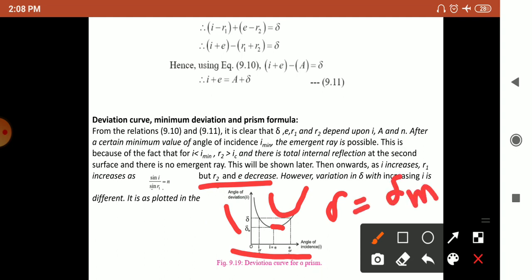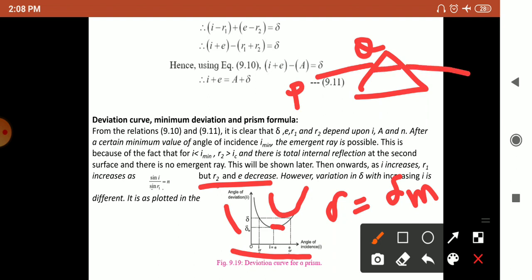there are two values of I for any given delta, by applying the principle of reversibility of light to path PQRS. That is, in the previous diagram, incident ray PQ will deviate and again emerge as RS, to travel this path PQRS.